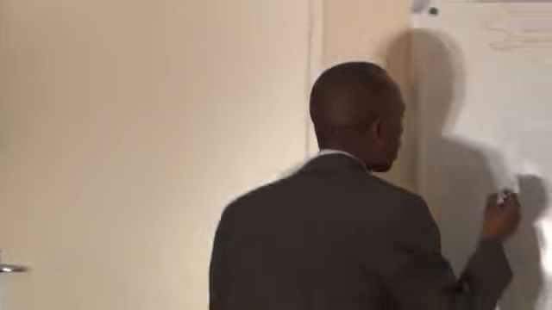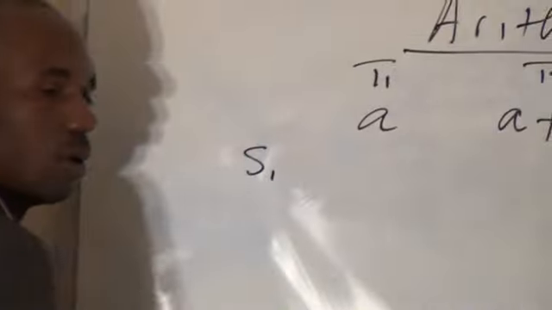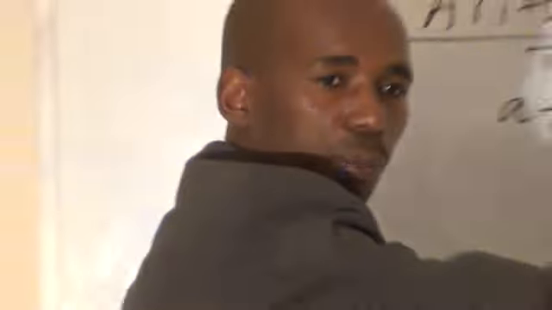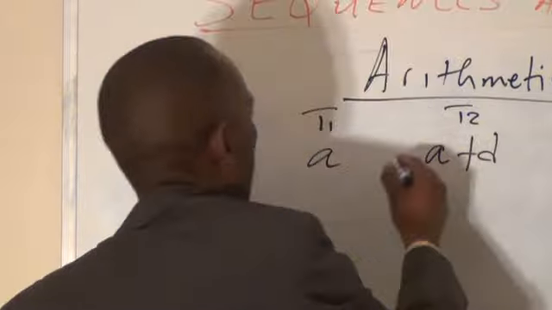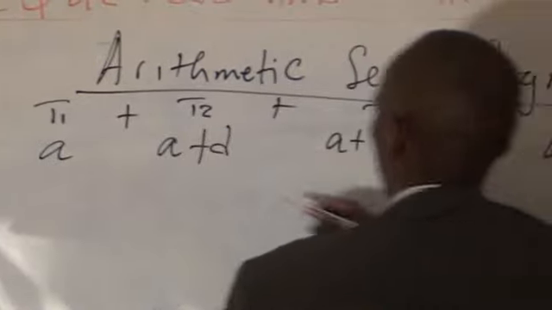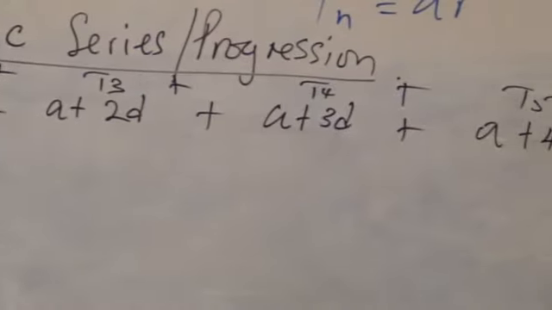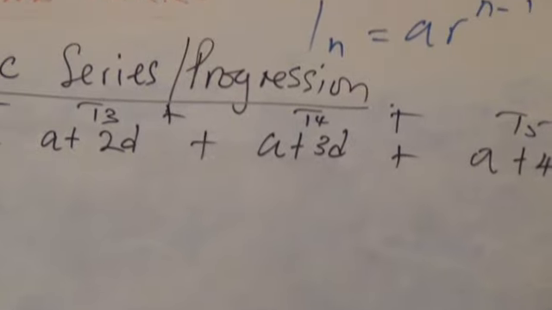If we ask ourselves, what is S1? Looking at our generalized arithmetic series, if you're going to be adding this now, what is the sum of the first term on this one?